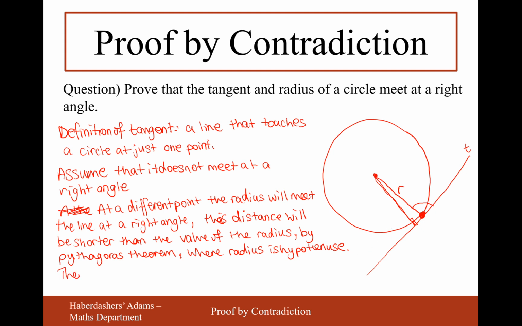So therefore, the tangent will meet the circle circumference at two different points.